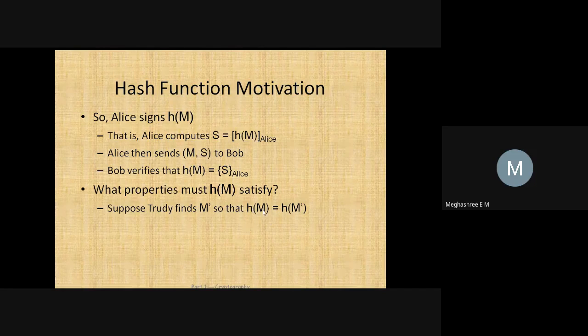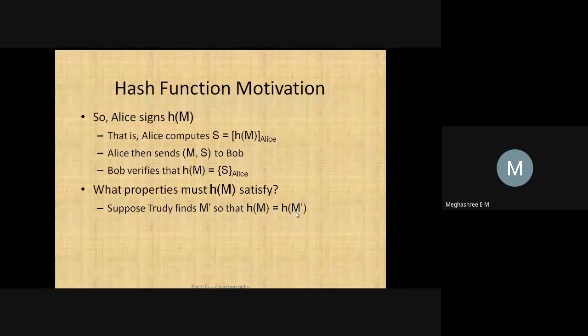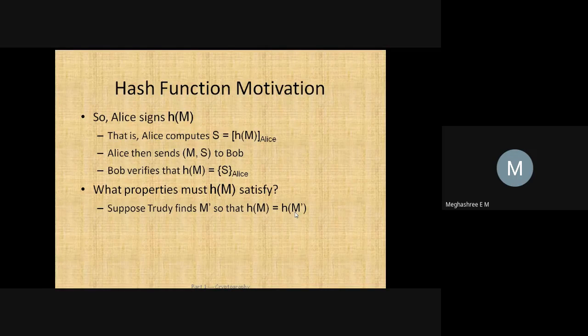Say h of m is 2, then h of m dash is also 2. That means the hash values of m and m dash are the same. If this is the case, then there is a collision in the hash function.